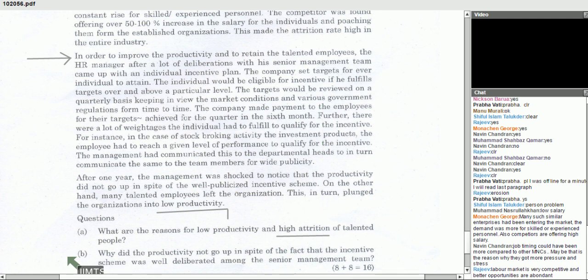Nazrullah Khan says low salary. Okay. Any other reason you feel? Any other reason? Baba, are you done reading?